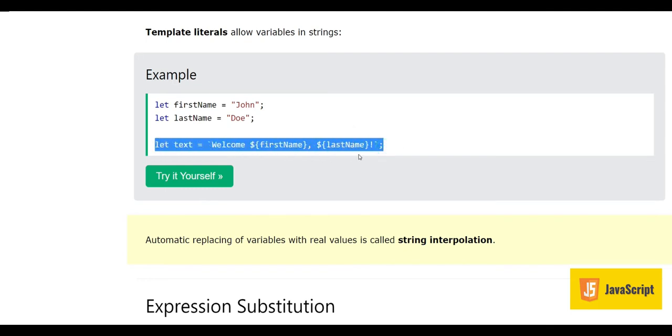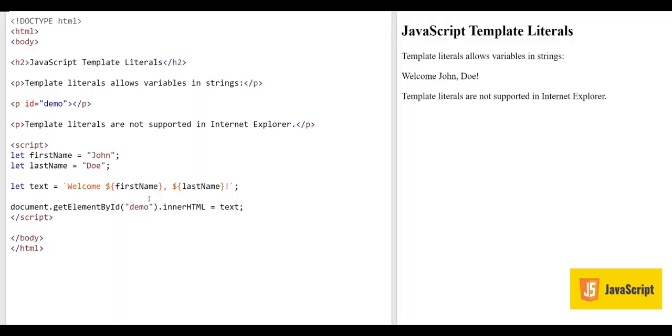This is the complete syntax where we are not doing any concatenation, rather we are using dollar sign and curly brackets to put variables in the string. Okay, so when we run this example, we have the output, welcome John Doe.